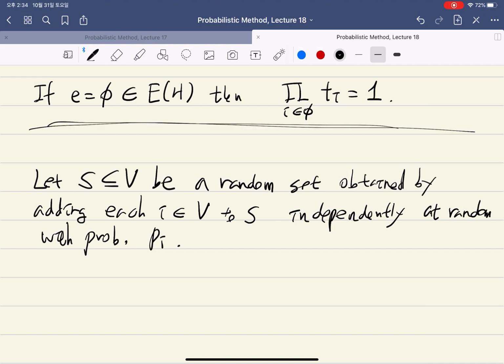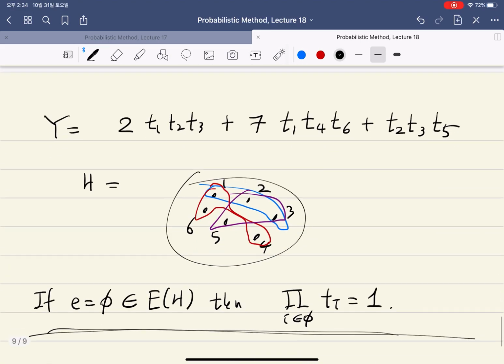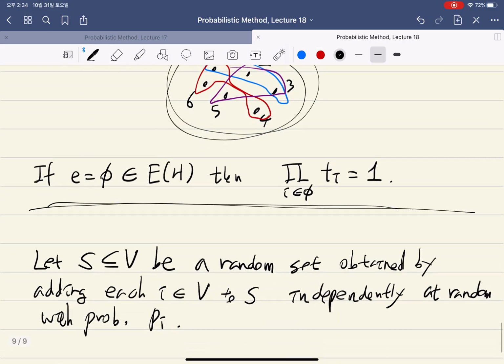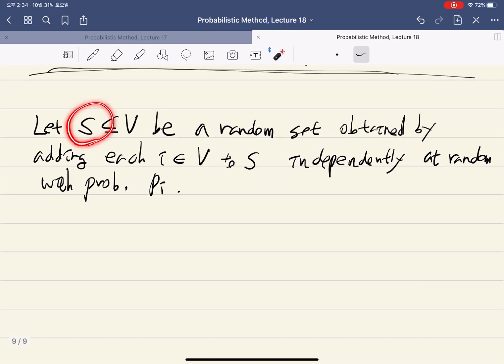So S can be considered as the collection of random variables which have value 1. We have these random variables, and you do the experiment. Some of them have value 1, some of them have value 0. The ones with value 1 form this set S. So that's one way of thinking about it, or you can just consider this random set, and every random variable which belongs to this random set has value 1, and outside has value 0. You can also consider it this way.